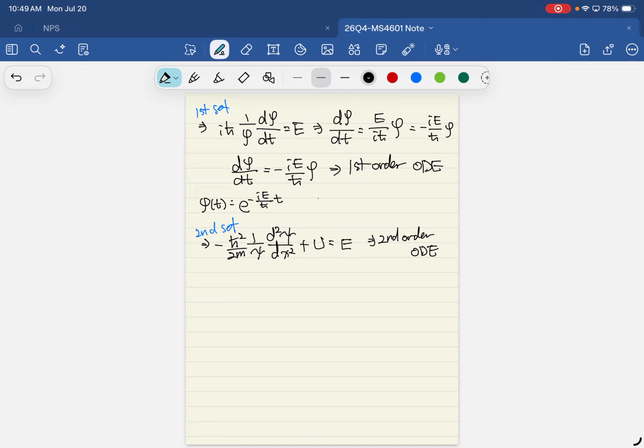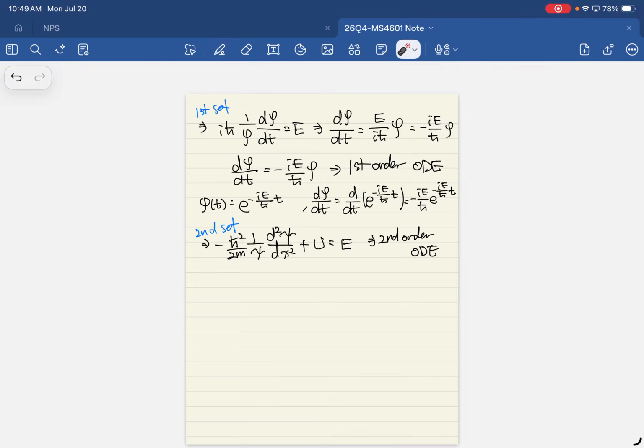If you plug it in, when you take the derivative, d over dt of e to the minus i E over h bar t is minus i E over h bar times e to the minus i E over h bar t.